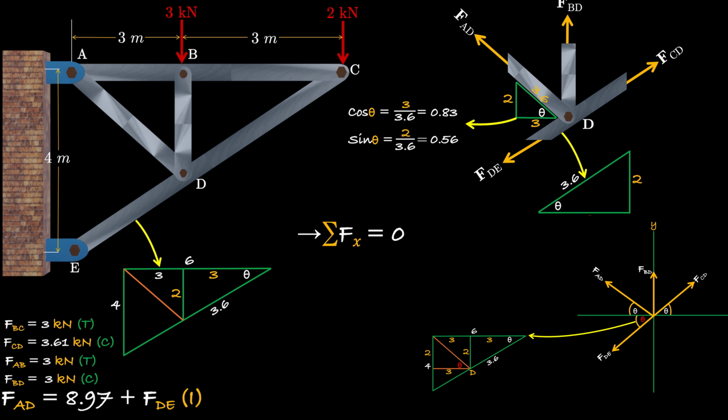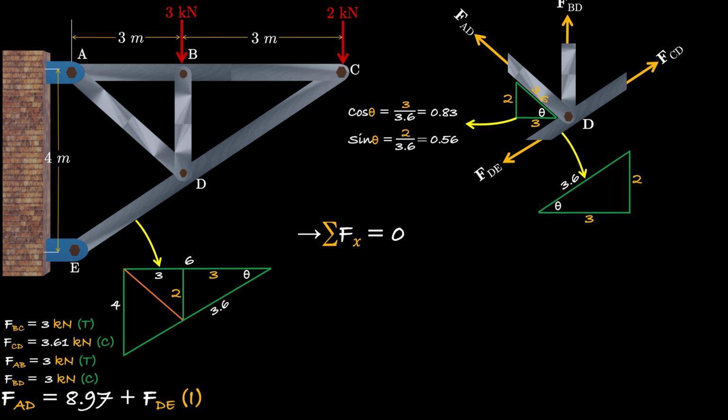Now let's go to FAD. So FAD is going to act on the opposite side, so it's going to be negative, right? And when you resolve it, it's going to go along the side with the angle theta, so it's going to be FAD cos theta. And finally, FDE is also acting on the opposite side, so it's going to be negative FDE. Since it's going on the side with the angle theta, we're going to write FDE cos theta. So now let's substitute.